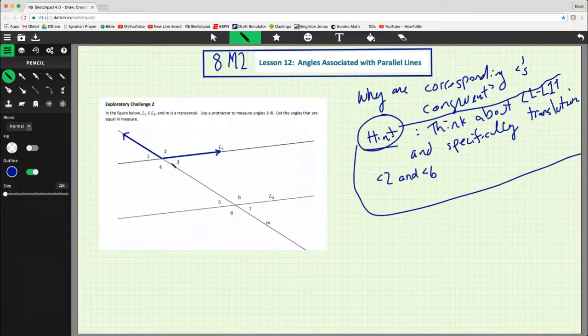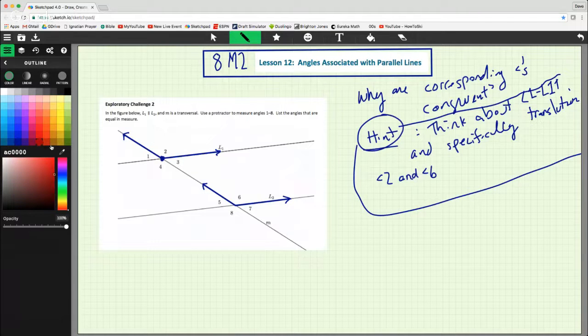Think about what about translation could help me see that angle 6 must be the same. Okay, so pause, think about it, and then come back and I'll tell you the answer.